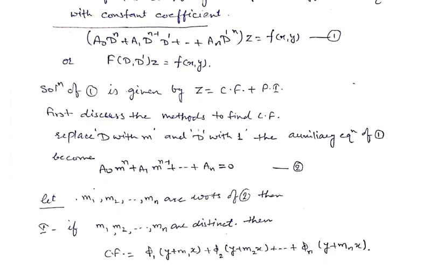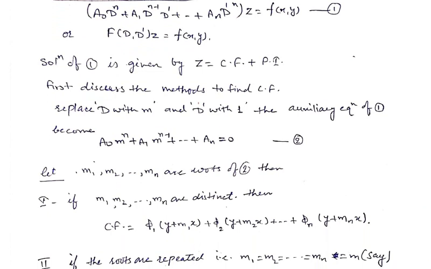So how do we find CF? Before finding CF, we will write the auxiliary equation of the given differential equation. For writing the auxiliary equation, first we replace D with small m and D prime with 1. So what we get?